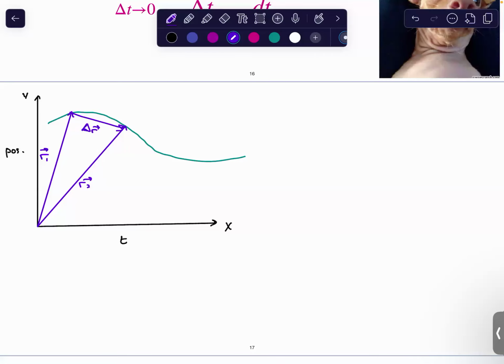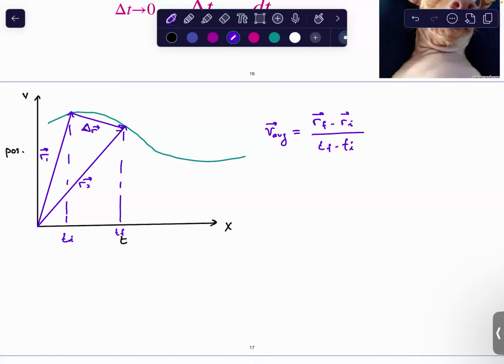So we're going to have a displacement for the R1 versus R2 there. The average is going to be, and of course, you have T initial, T final.